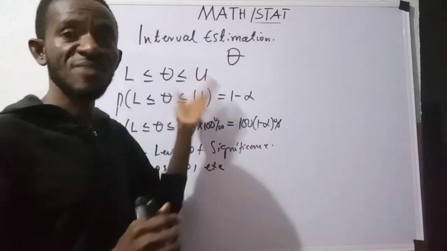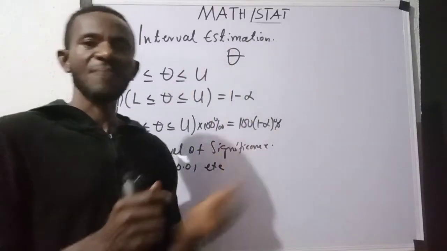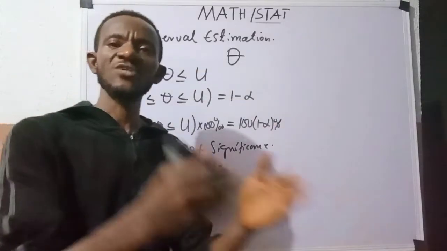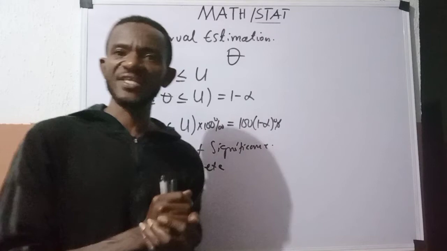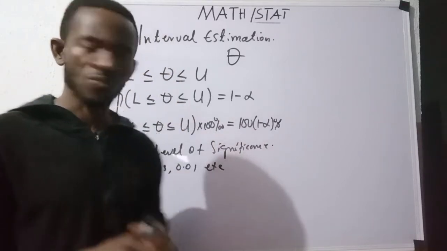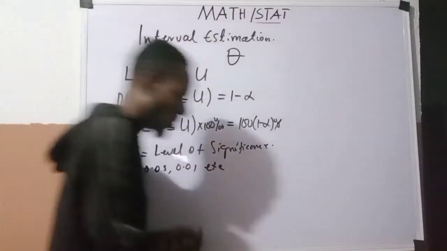And we already explained some of these things in our previous class. So today we want to go straight into construction of confidence interval for the population mean, mu. So permit me to clear the board.